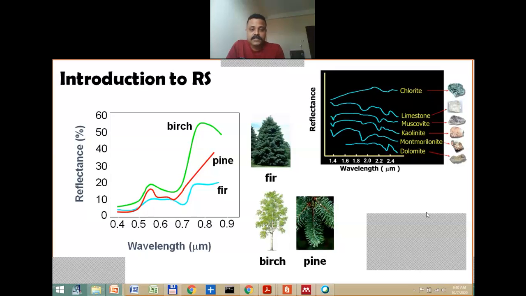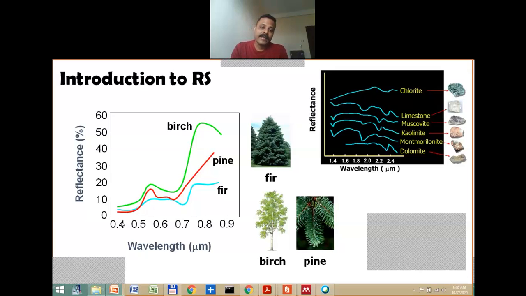Of course, these are not familiar in our environment, but this example holds good for any kind of tree. Take the first kind of tree, birch.